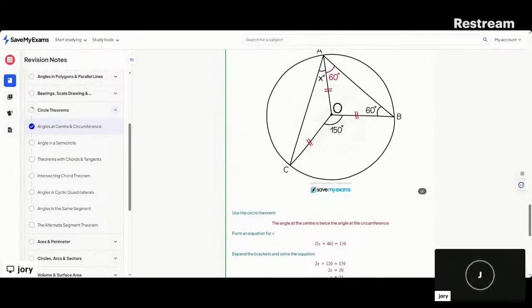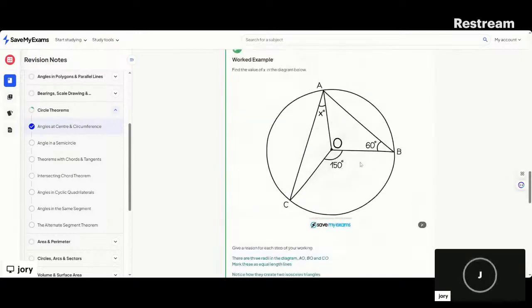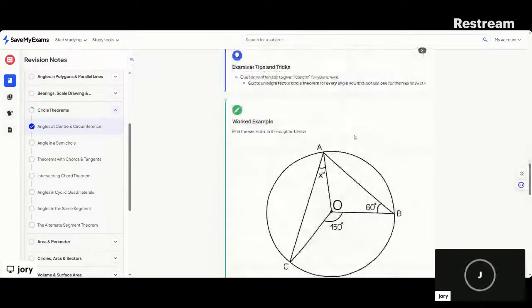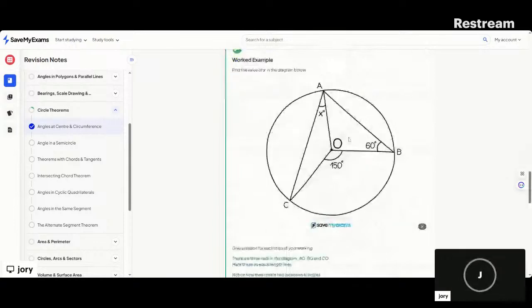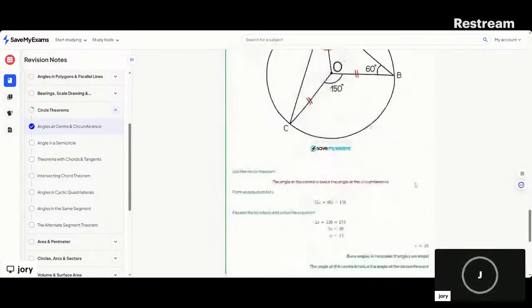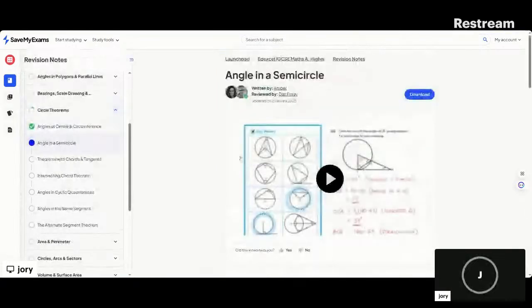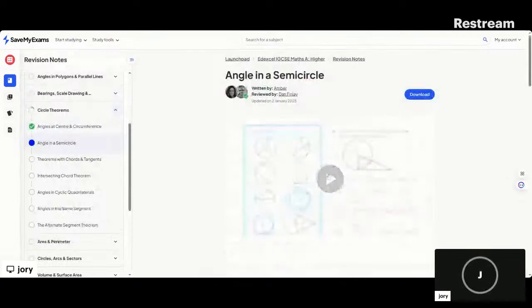Two x plus... the angle at the center is twice the angle at the arc. Isn't that what we're talking about? 150 divided by 2 and then minus 60. Makes sense. Okay. That makes a lot of sense.